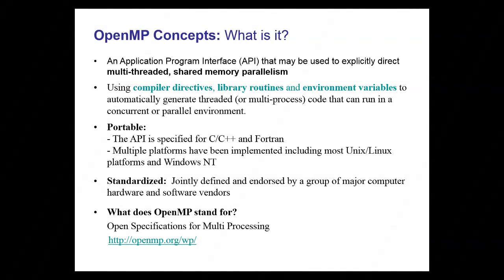So OpenMP extends the P-thread concept and makes it easier and more useful for other software like Fortran, because C, C++ and Fortran are still the major languages used in science and engineering computing.